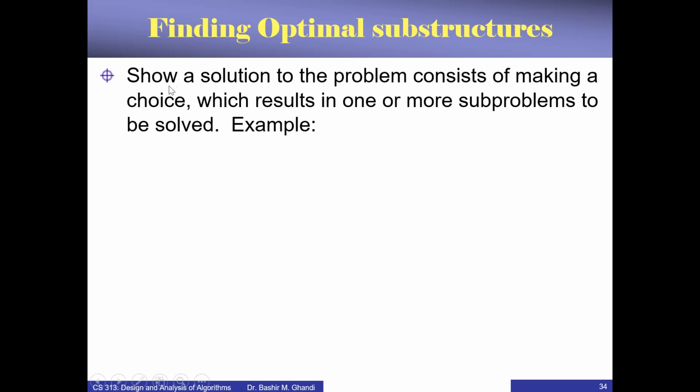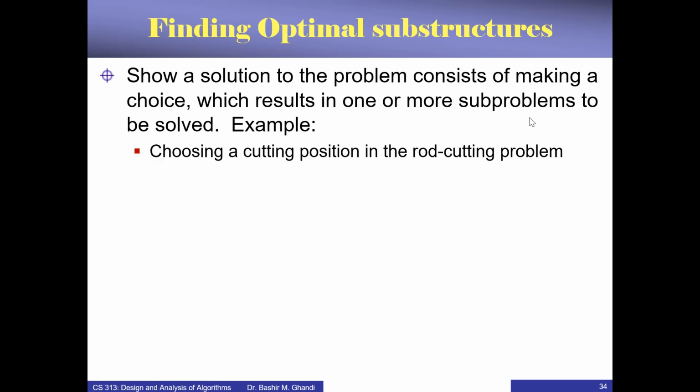Usually what you need to do is to show that a solution to the problem consists of making a choice, and that choice will result in 1 or more subproblems. For example, in the rod cutting problem, we saw that the solution involved making a cut. So choosing a cutting position will allow you to come up with an optimal substructure.